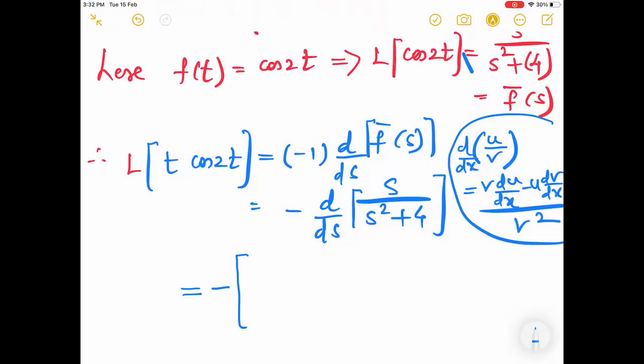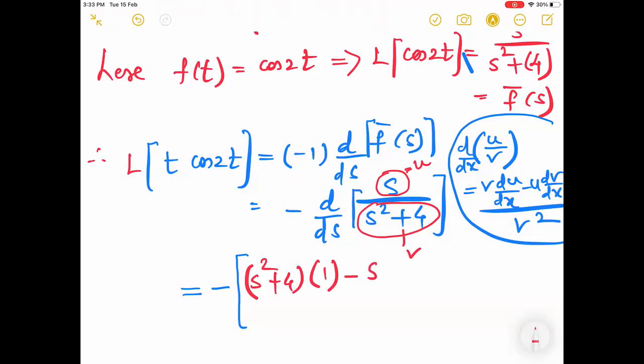So here the numerator s is u, and this is v. Just apply differentiation. Denominator s square plus 4, into the differentiation of the numerator, that is ds upon ds, which is 1, minus s as it is in the numerator, into the differentiation of the denominator with respect to s, that is 2s, and the whole thing divided by the denominator's square.